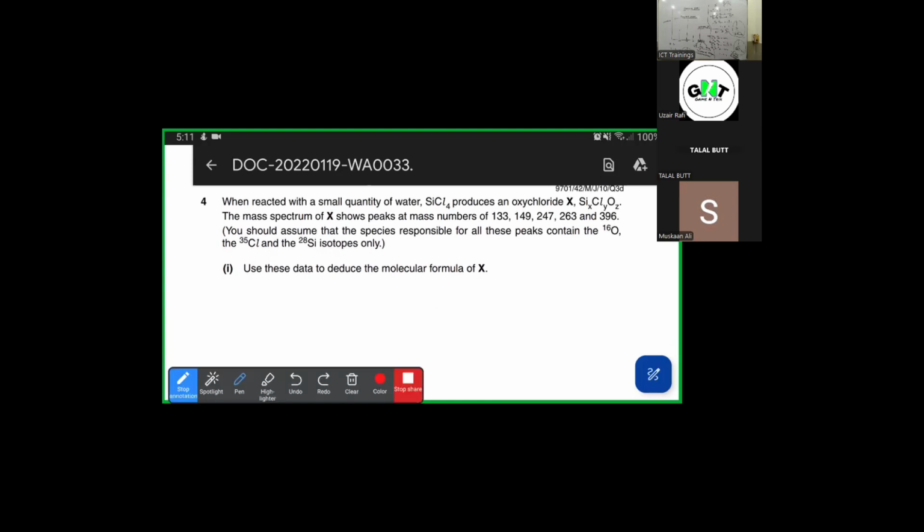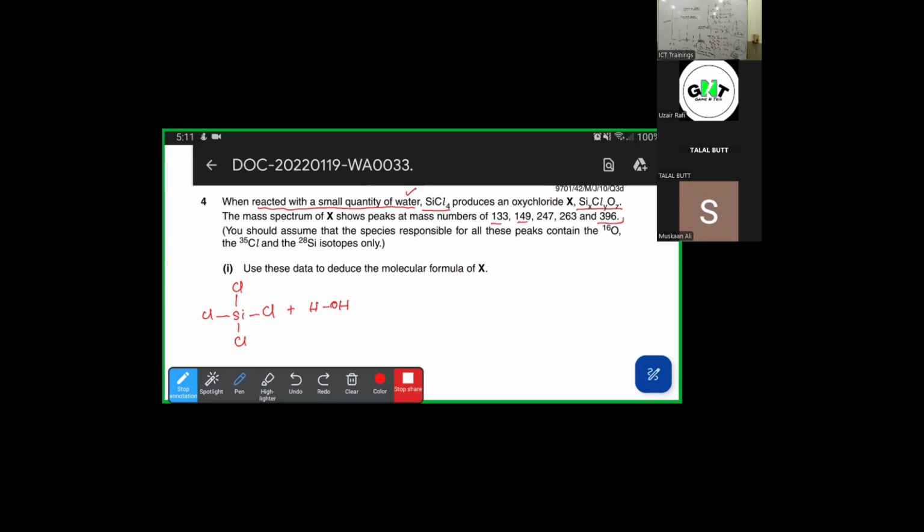If you look up here, my dear students, he's going to say when reacted with a small quantity of SiCl4. So Si is attached with the 4 chlorine atoms like that. Water, it reacts with the water. So water is HOH. And he's saying this compound is being formed. And he has given the different fragments.